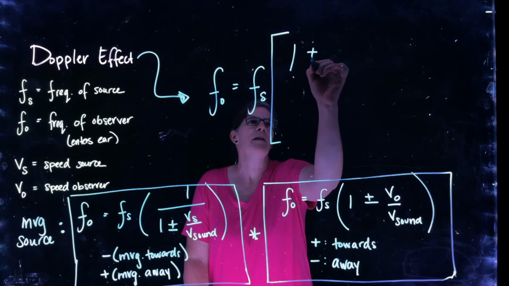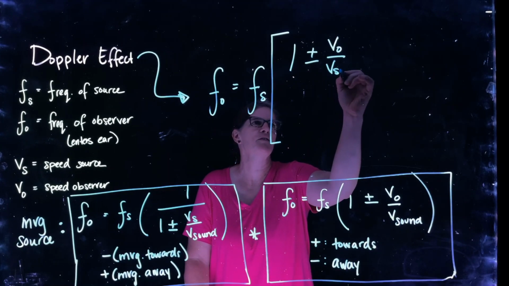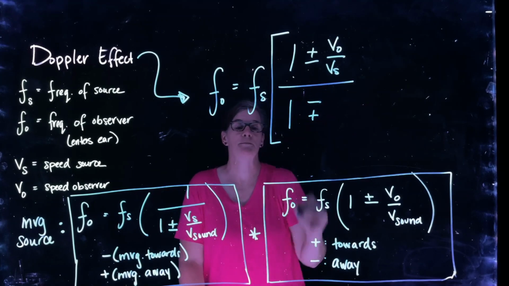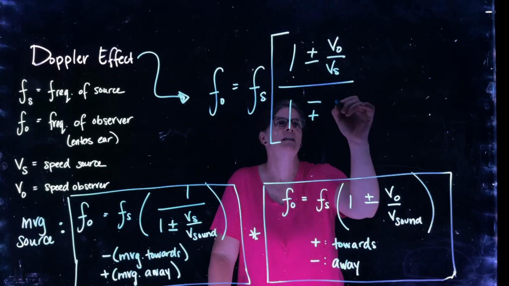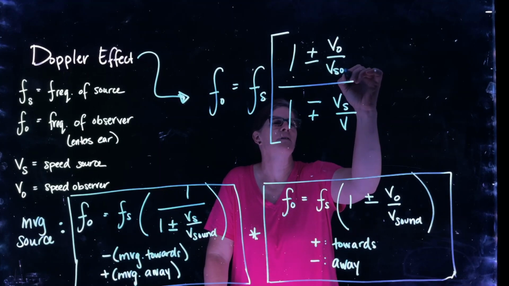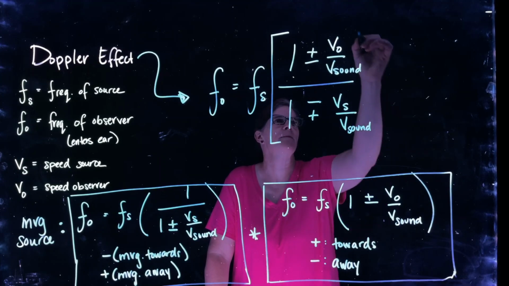So 1 plus or minus the velocity of the observer over the velocity of sound, divided by 1 minus or plus, and I'm doing that intentionally, the velocity of the source over the velocity of sound.